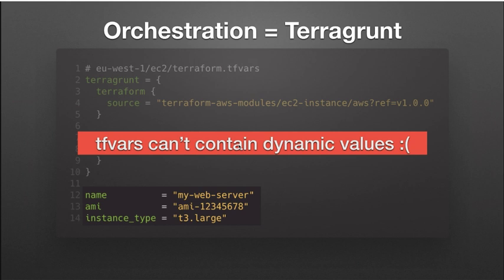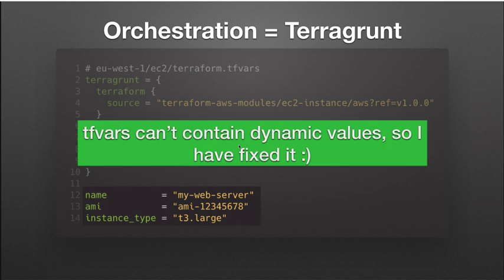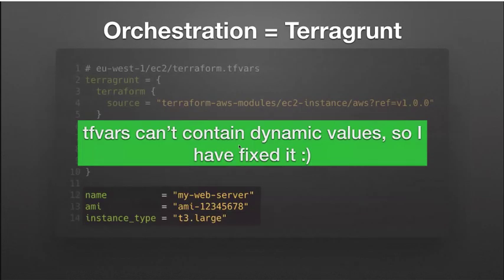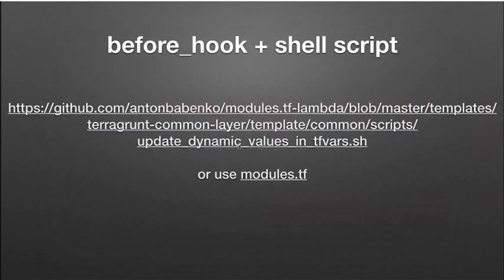I don't want to do this, really, so I fixed it. And the way I fixed it is that I made a shell script, which actually changes these values in the tfvars file. So yeah, you can find this in the modules TF repository. So all it does is, okay, I can show later.